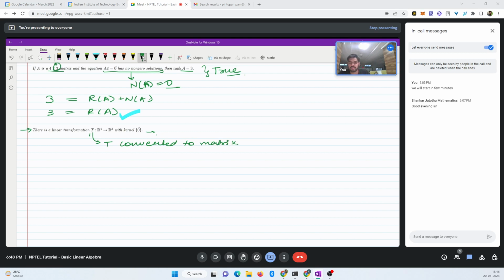But right now, what I'll say is that if T is from R4 to R3, then the corresponding matrix has a size... this is R4 to R3, so it will take elements from R4. So it's 3 cross 4.